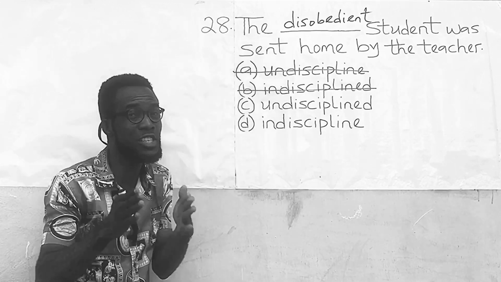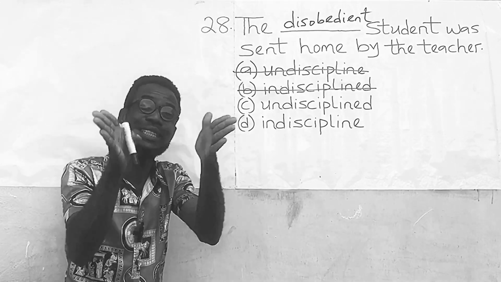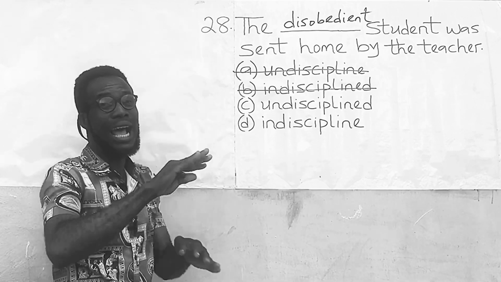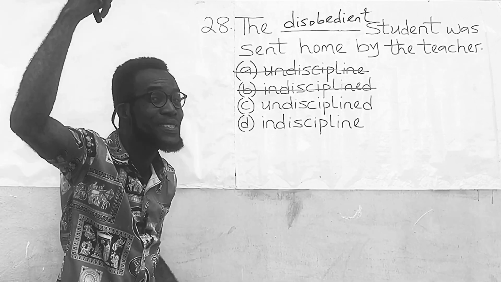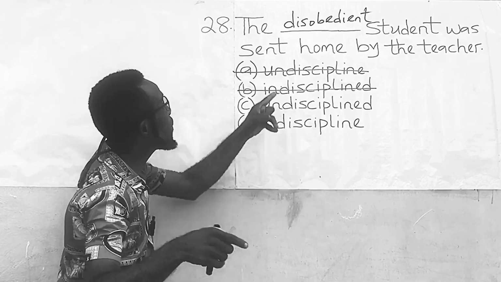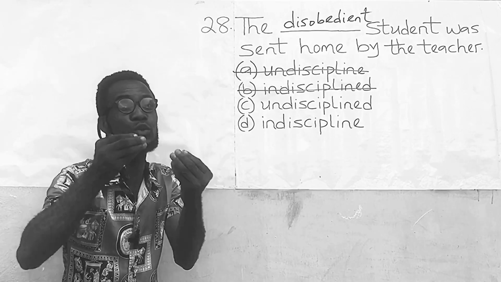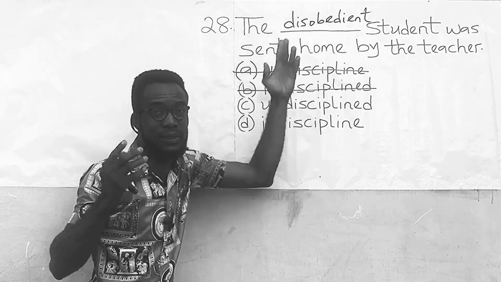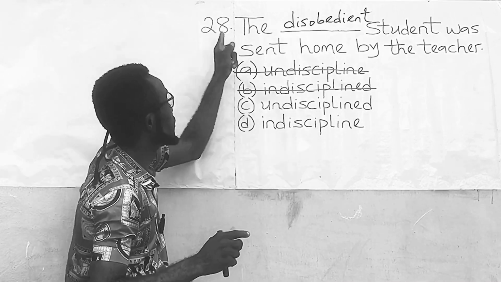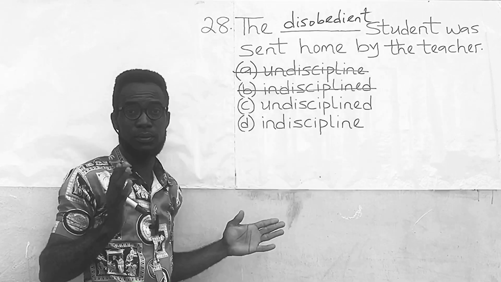The gap in the question cannot conveniently be filled with disobedience because I cannot say the disobedience student was sent home by the teacher. The gap can only conveniently be filled with the word disobedient because I can say the disobedient student was sent home by the teacher.